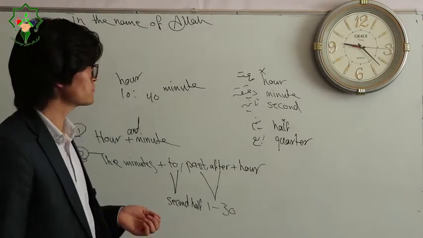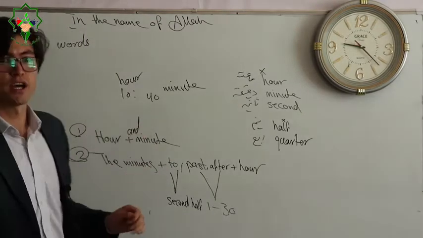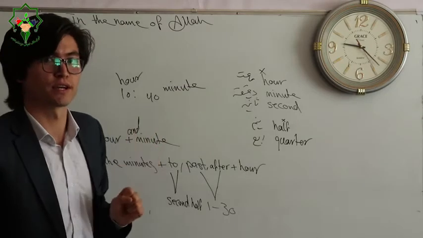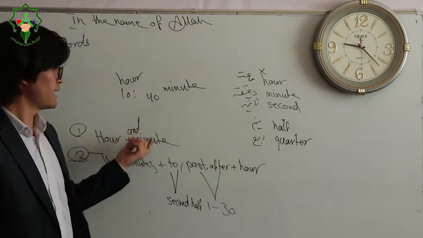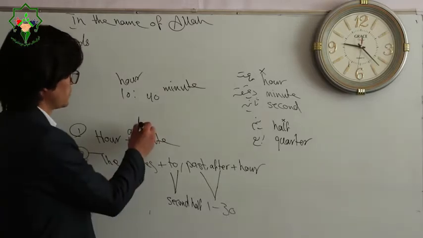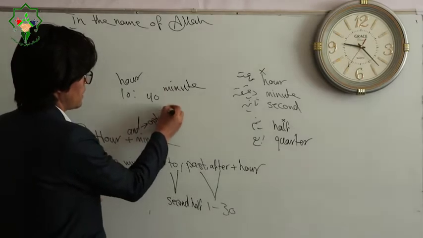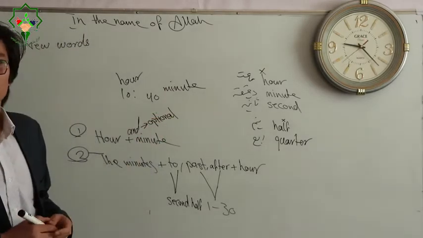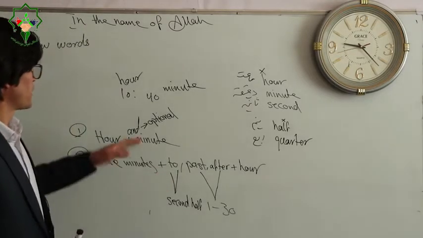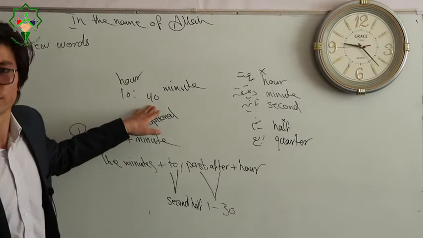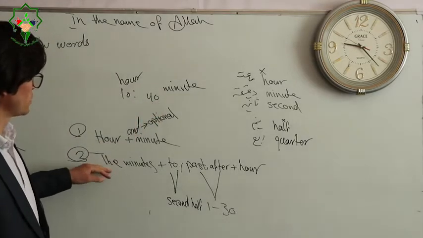Got it? You have learned. Let's review once more. For telling the time, we have two structures. Okay? The first, mention the time and then and minute. This and is what? Optional. You can mention and you can ignore it. Like this, 10 and 40. 10, 40. Okay? Second structure, I told you.